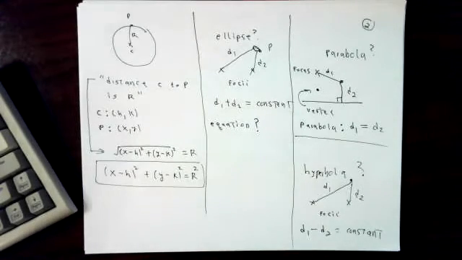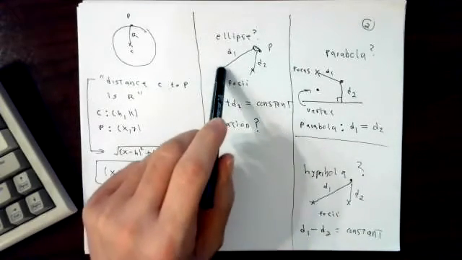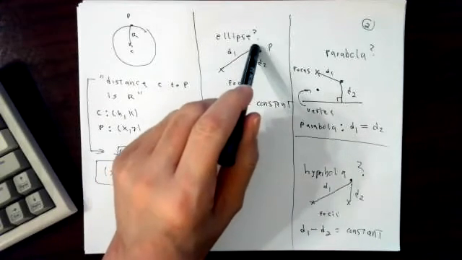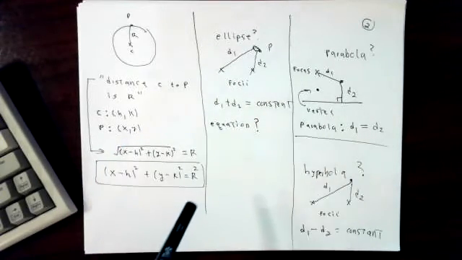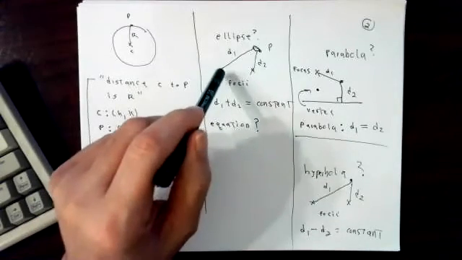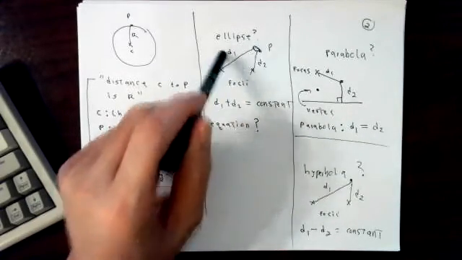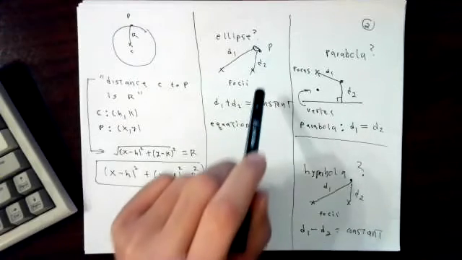In the case of an ellipse, there's going to be two fixed points, not just one, like for the circle. We call these points foci, which is the plural for focus. We're going to have a point, P. I'm going to measure the distance from one focus to P, call that D1.